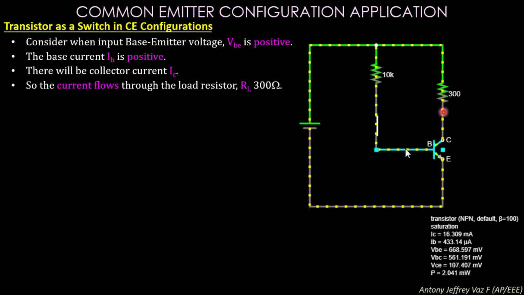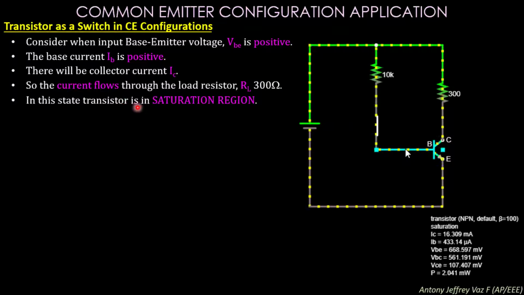Once the collector current starts to flow, the current also flows through the load resistance RL, because it is the same wire, the same line. So the electrons also move through the resistance and turn on the load which is connected over here.